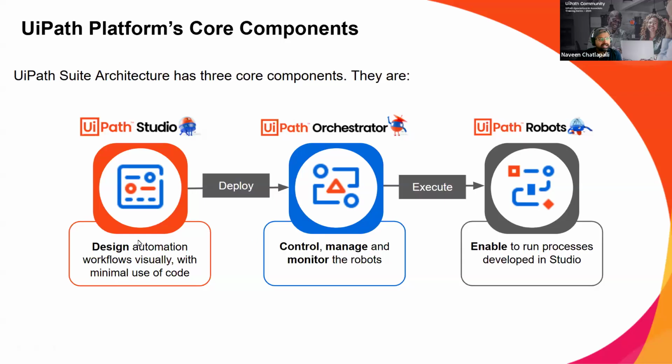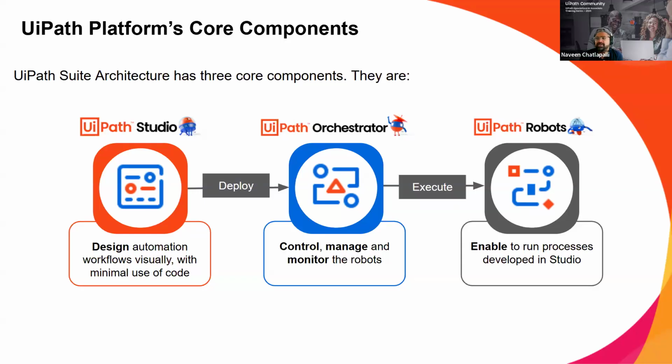Coming to Orchestrator, okay, that is fine. You have developed everything, but where do you deploy it? There is a middleware called Orchestrator, where you will deploy your RPA bots and handle them. It is the middleware where you will control, manage, and monitor all the robots that you have deployed into various things.